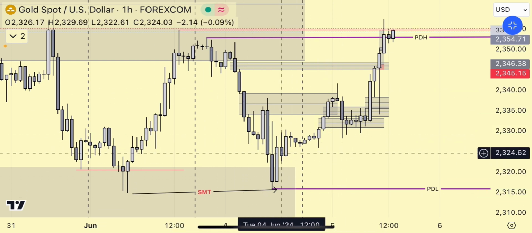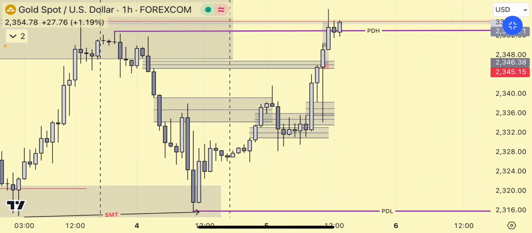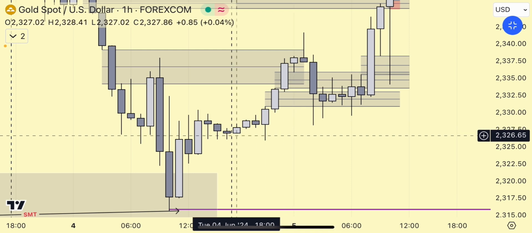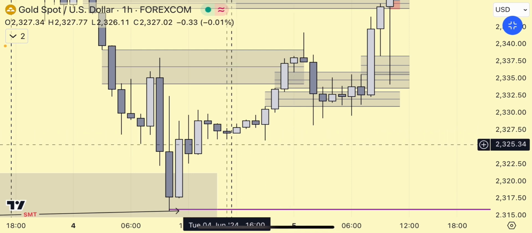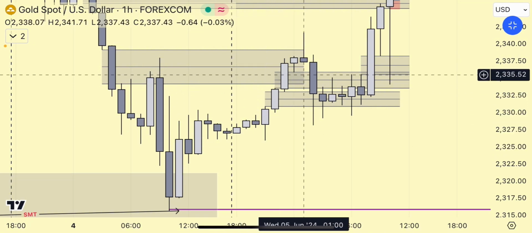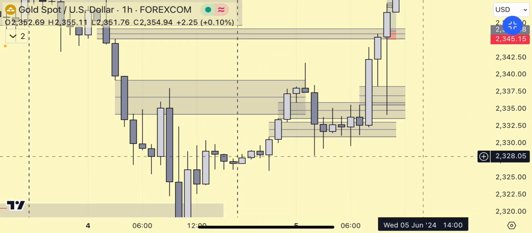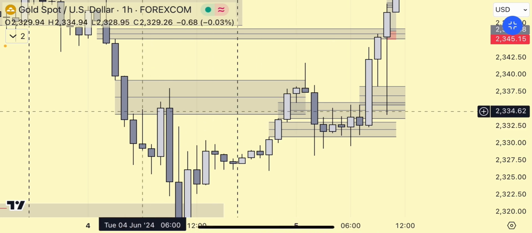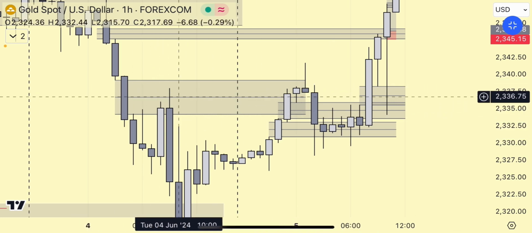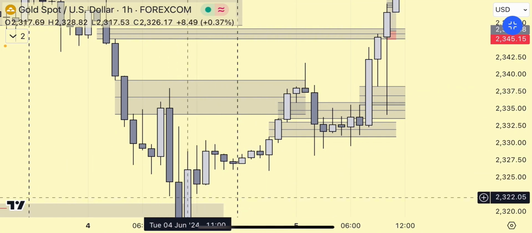So on this day today, price opened right here and immediately took out this low and began to go to the upside. Normally I mark out my PD arrays, my fair value gaps, like this fair value gap that was respected, and price used it to dump to the downside.